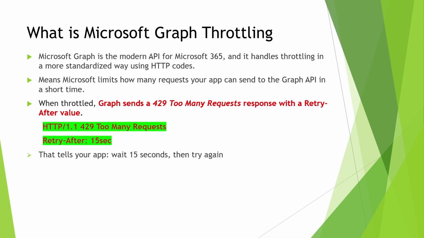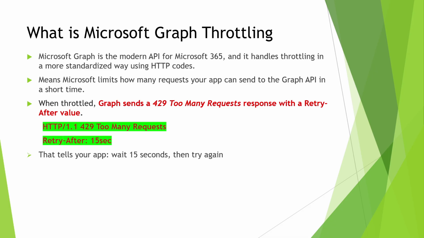What is Microsoft Graph throttling? Microsoft Graph is the main API used to interact with Microsoft 365 services like Teams, OneDrive, SharePoint, Outlook, and Azure AD. Because many apps and scripts send requests to Graph, Microsoft needs to protect the services from overload.